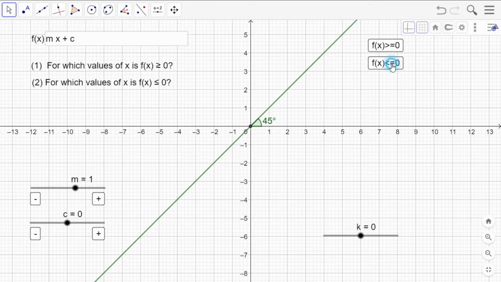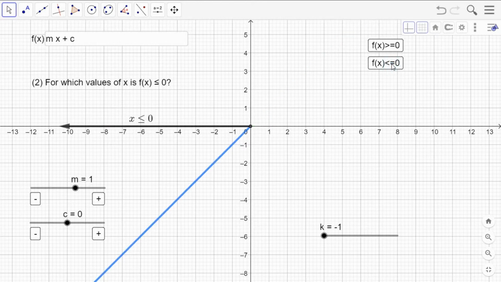And of course, we look to see which part of this graph is below the x-axis, where y is negative. We can see here the blue graph that we have, it is the part that corresponds to the y values that are below the x-axis. But our answer is on the x-axis. So our answer is the x values that correspond to the graph that is below the x-axis.